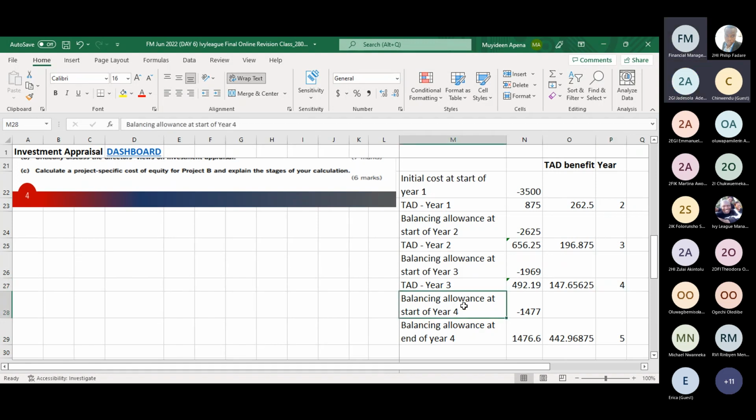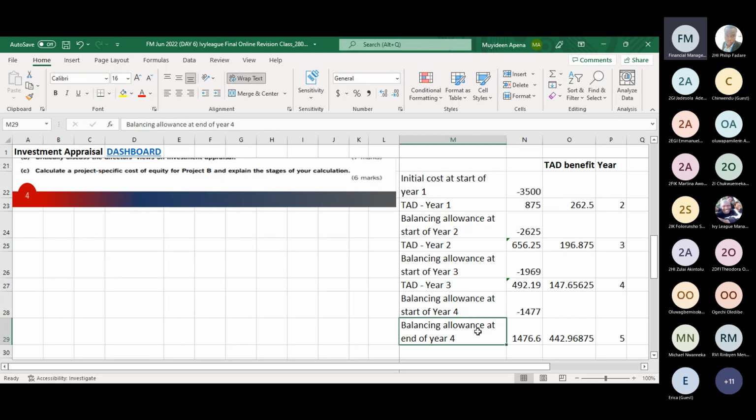Then there's a balancing allowance, which is the opening balance in year 4 of this value. But the project ends in 4 years' time, which means the balancing allowance in that year should totally be claimed.